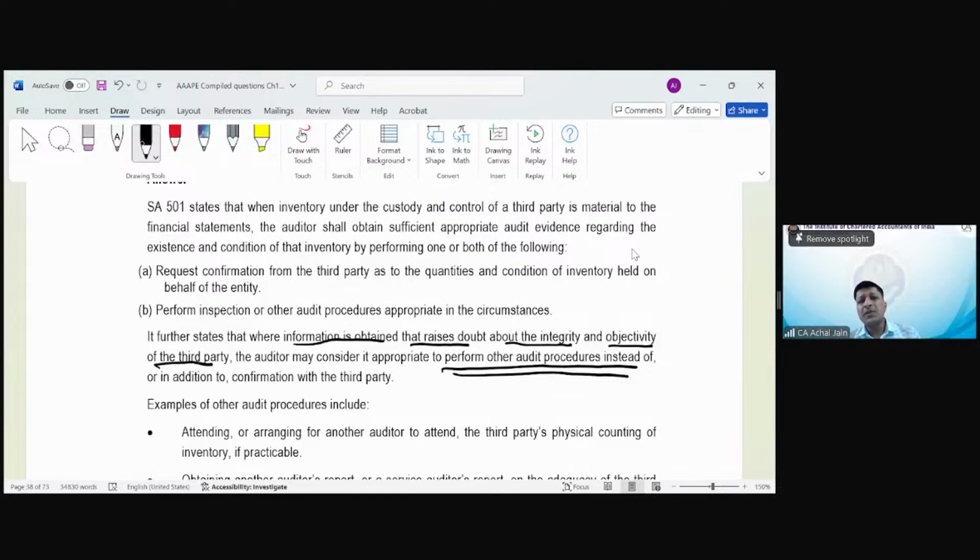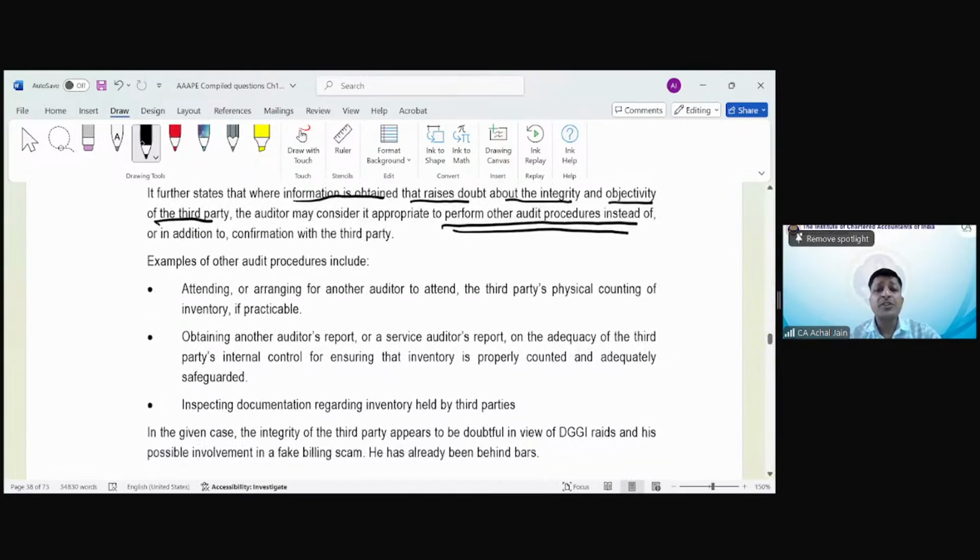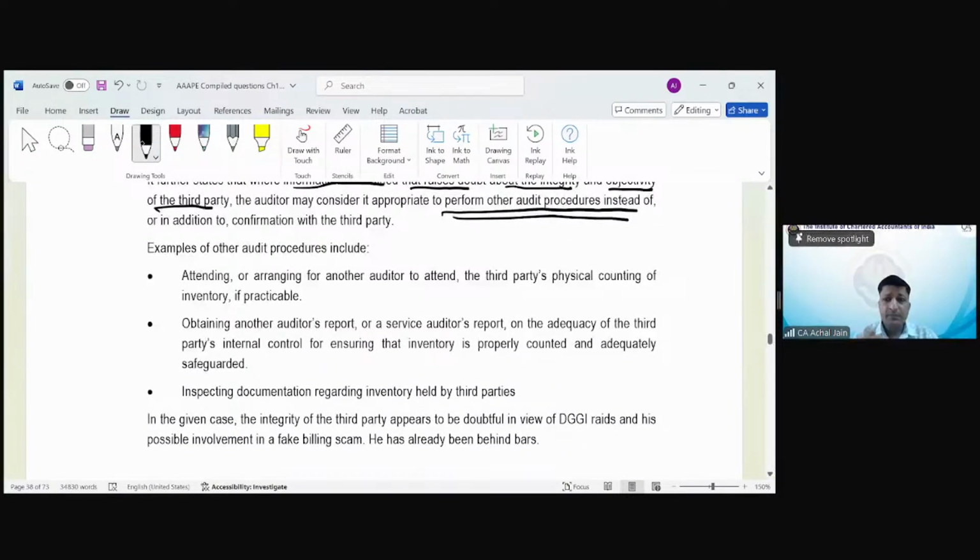Because if the integrity is a question mark, then you can't limit yourself to only the confirmation. Now, what are going to be the other procedures? Auditor can himself physically verify. Yes or no? He can engage a third party who will go there.